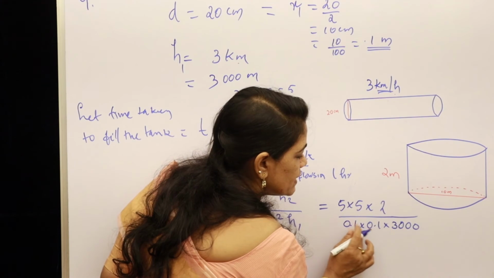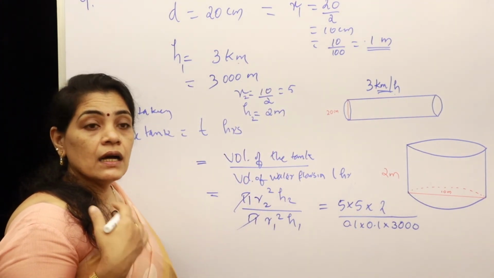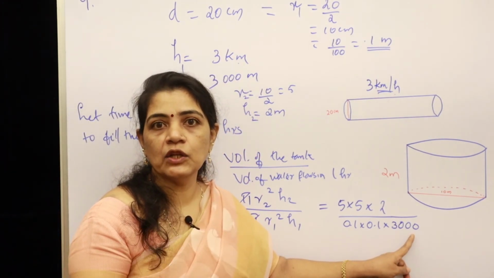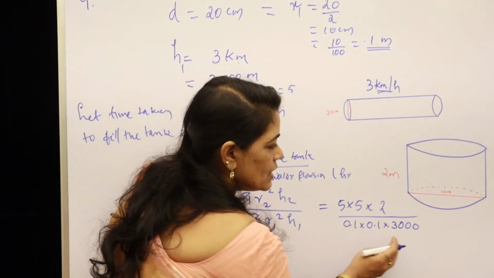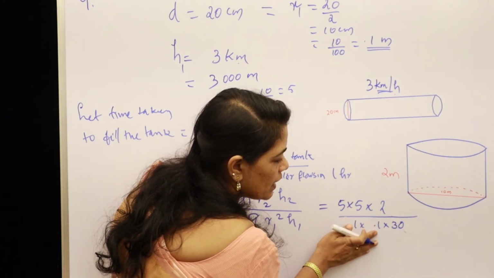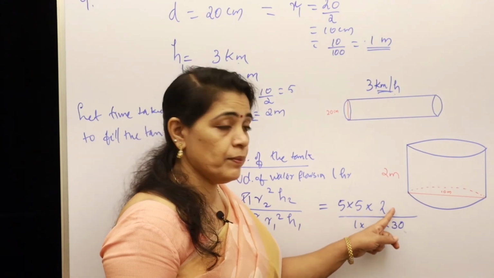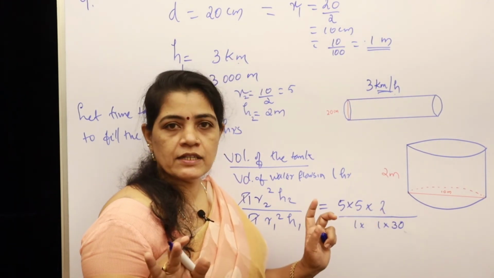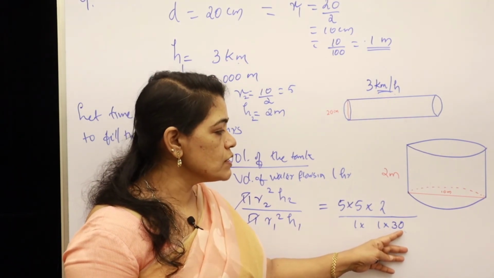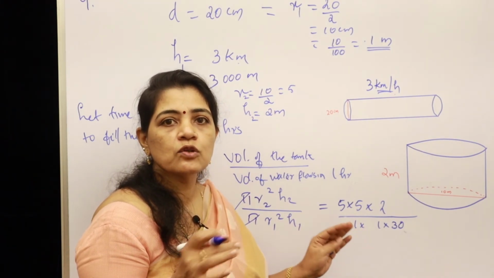See, in the denominator there are 2 decimal points. That can be easily eliminated by taking 100 from 3000. 30 into 100 is 3000. So if you multiply 0.1 into 0.1 with 100, it will become 1 into 1. No need to multiply 100 with the numerator, because we have taken 100 from the denominator itself. So 3000 becomes 30, and at the same time 0.1 is eliminated, so 1 into 1.